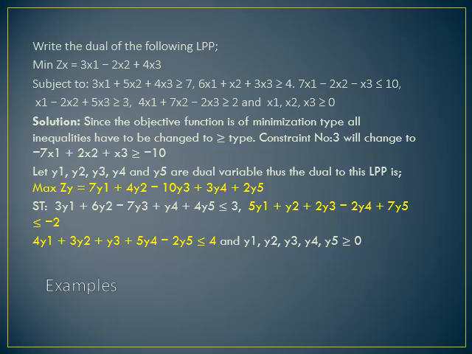Let's see. Since the objective function is of minimization type, all inequalities have to be changed to type more or equal. Constraint number 3 will be changed to -7x1 + 2x2 + x3 ≥ -10, and that is it.